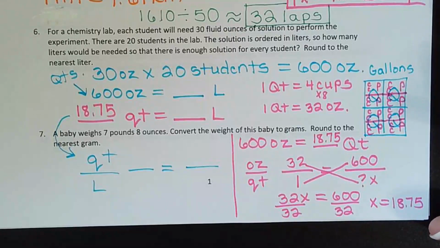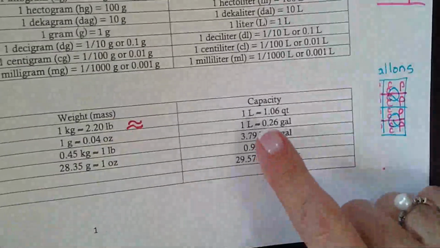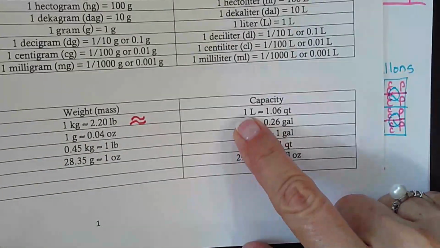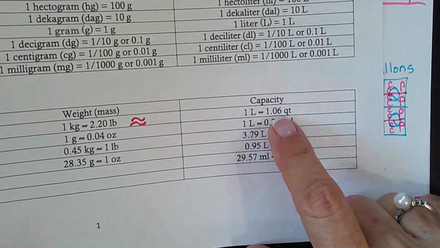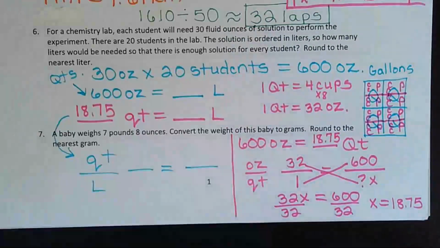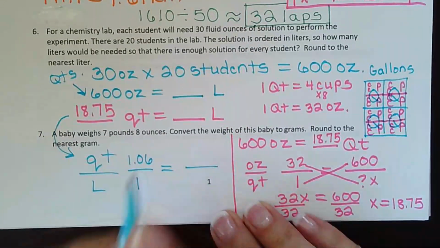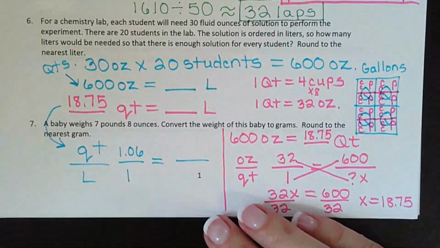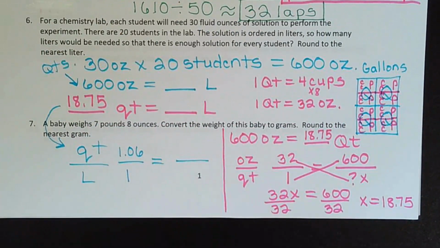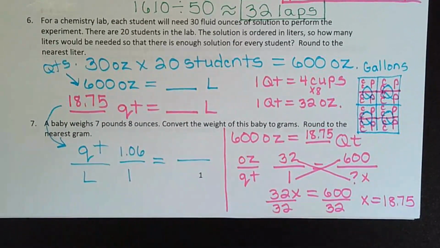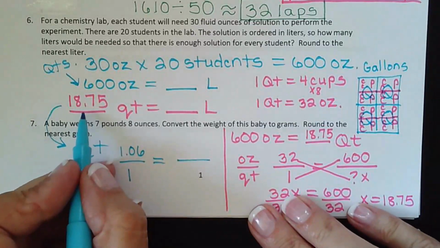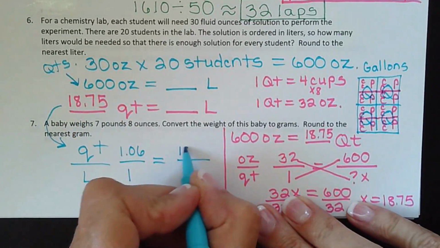So we have to look on our formula sheet for quarts to liters. So 1 liter, 1.06 quarts. So just put them in the right order. 1 with liter, that with quarts, and we have 18.75 quarts.